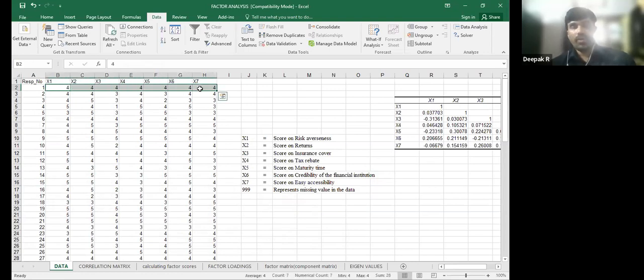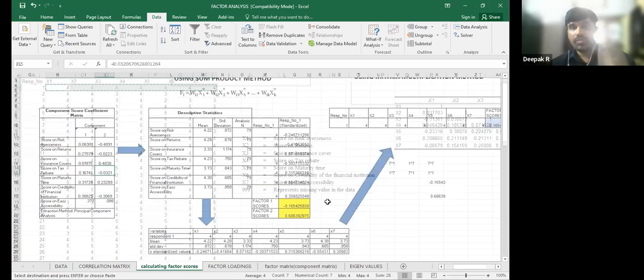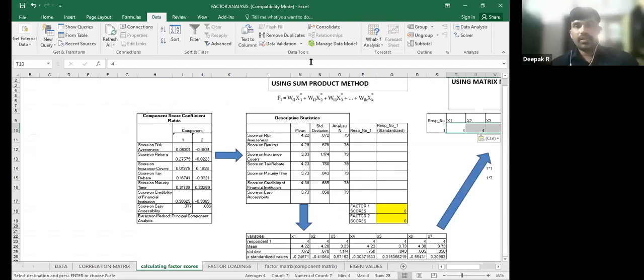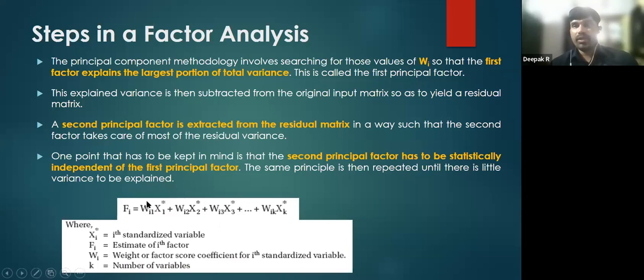So if I copy this data which has been given, and go to calculating factor scores, and delete these aspects, what we want is to come up with a weighted average method, which is: if I want to find the value for the first factor, for the first respondent, I should take the weight given by the component matrix, and then take these standardized scores with respect to each and every response which has been given.